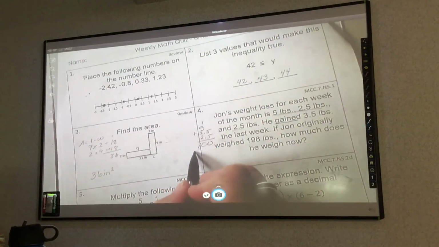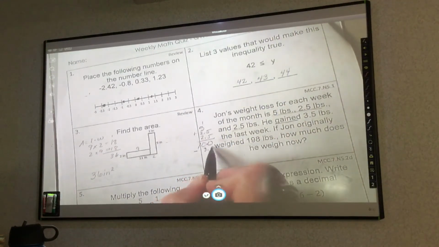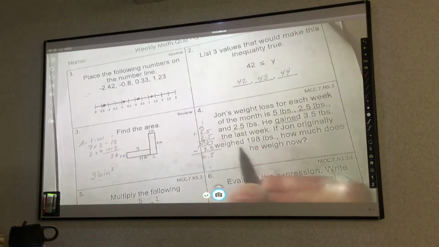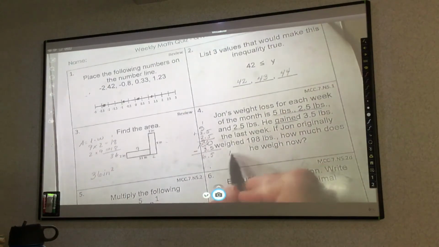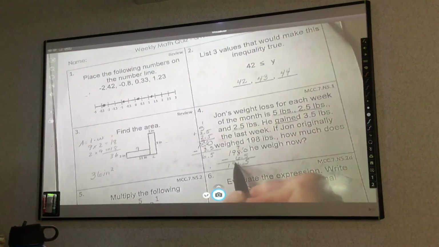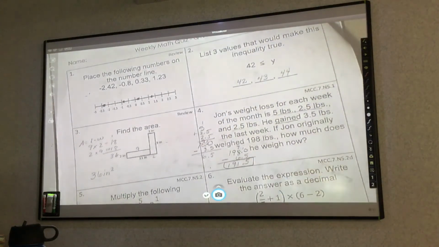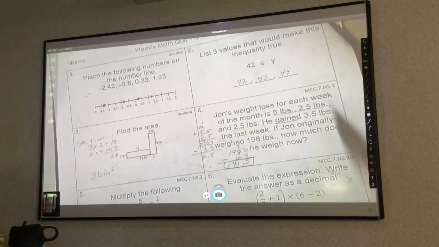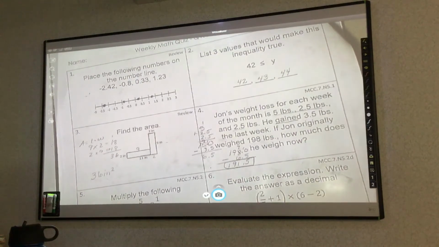Then I subtracted the 3.5, and I got 6.5, and then I took 198 minus 6.5, and 191.5. However you got to that is fine. Maybe in your thought process it's easier just to keep subtracting and then adding. It doesn't matter.